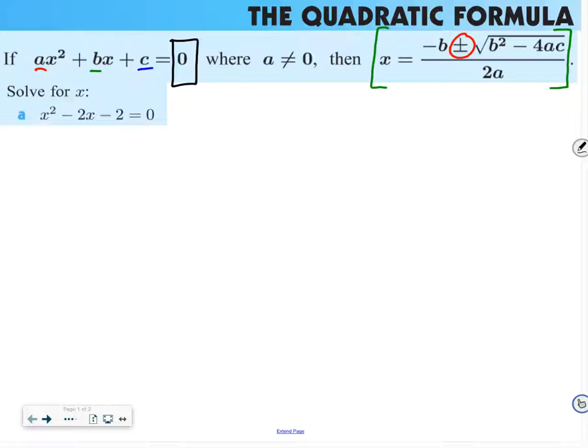Okay, so in this example here, remember, if it's not written, we have a 1x squared there. So our a is equal to 1. Our b is equal to, again, carry the sign, so it's negative 2. And our c is also equal to negative 2. So now that I have identified my a, b, and c, I'm going to substitute into my formula.